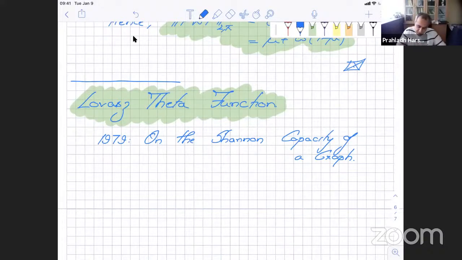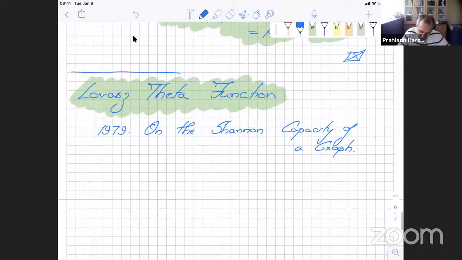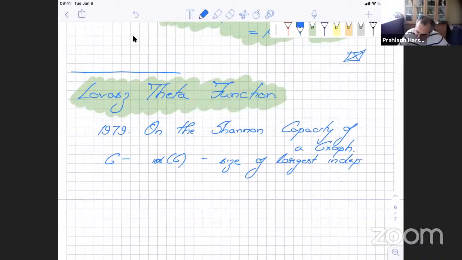What we will eventually see over today's lecture and possibly a little more is that, given a graph, there are multiple quantities you can talk about. One is alpha of G, which is the size of the largest independent set. Let's write down several things.